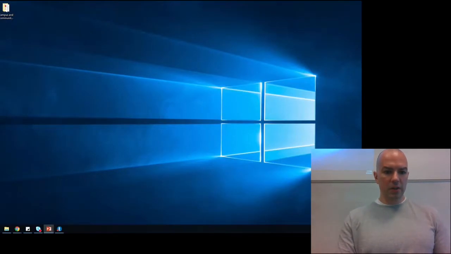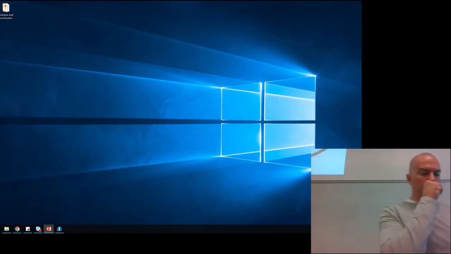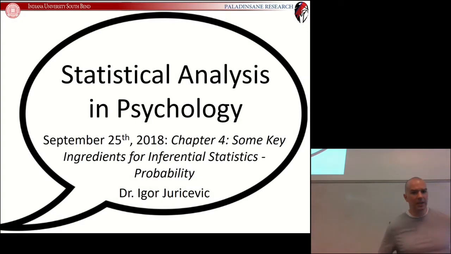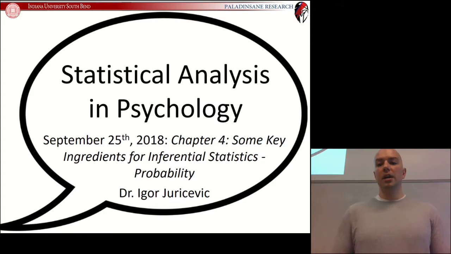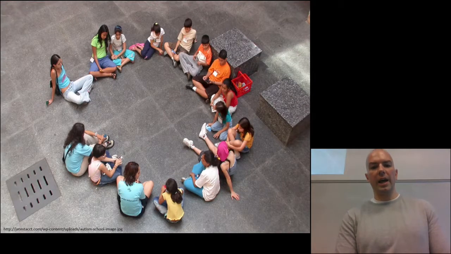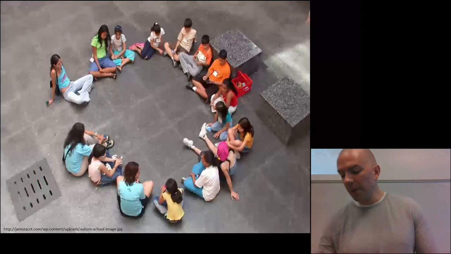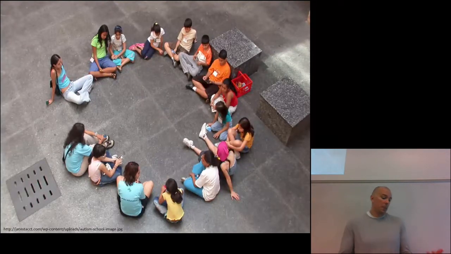All right, so today what we're going to be doing is we are going to continue our look at probability and how it fits into inferential statistics. We introduced this idea last time when we took a look at a hypothetical, but not too hypothetical, situation.